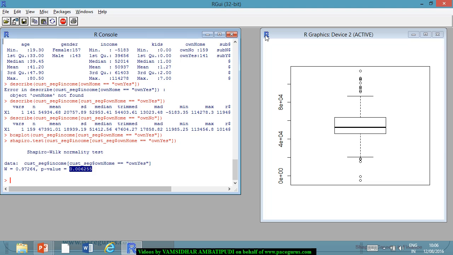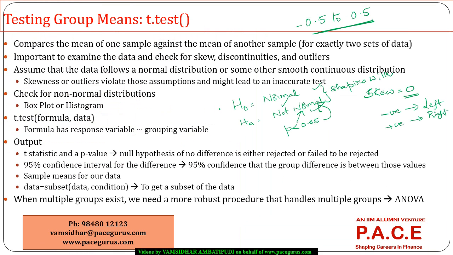So we need to do some kind of transformation, like the Box-Cox transformation we have talked about earlier, if I have to make my data as close to normal as possible.